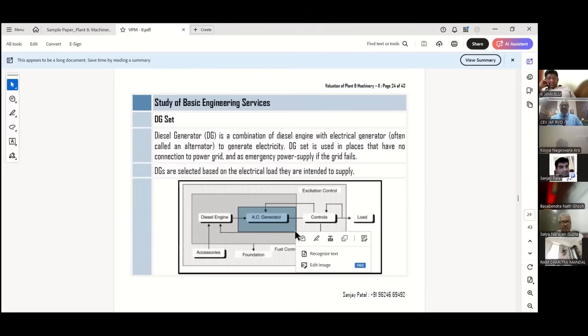What is the unit of the DG set? kVA, kilovolt ampere. What is the unit of a boiler? Tons per hour, TPH. What is the unit of a thermic fluid heater? Kilowatt?